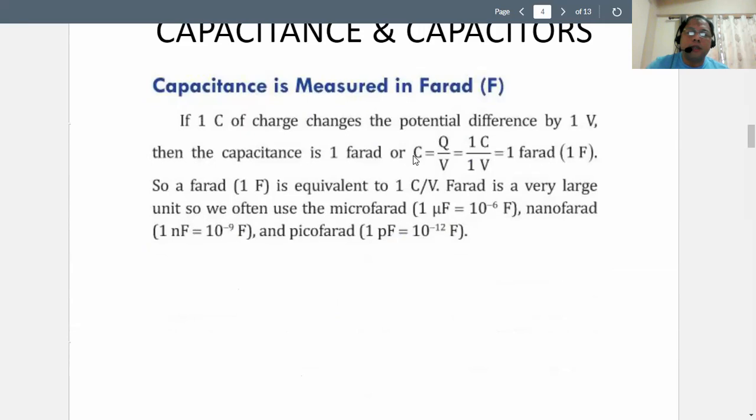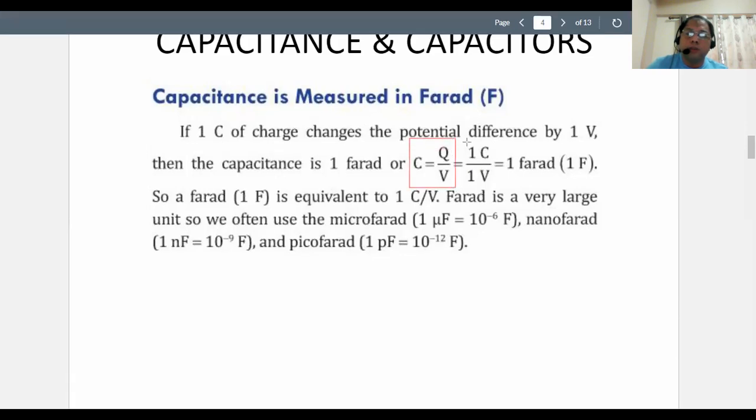Now please do not be confused by letter C here. That is the capacitance, and the unit of charge, which is coulomb. In this equation we have a variable C, and we have a unit for charge which is also letter C. This unit C here is coulomb, whereas this variable C here is our capacitance symbol.